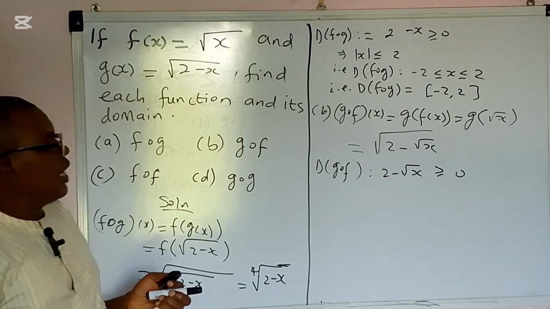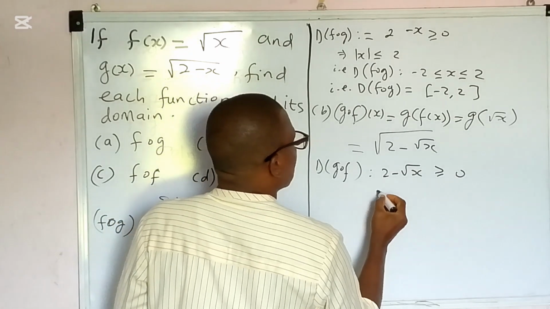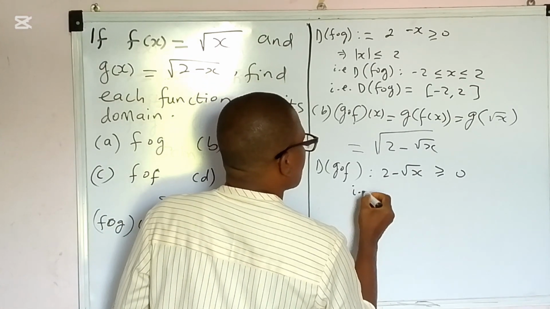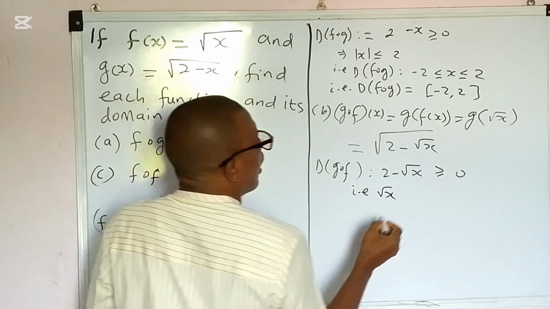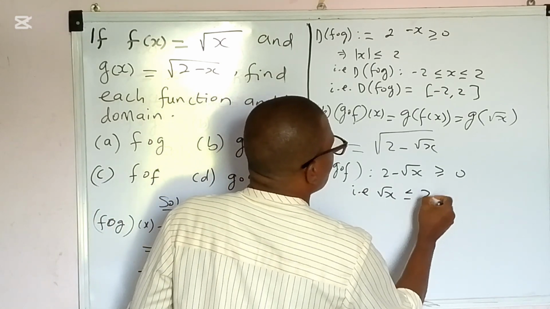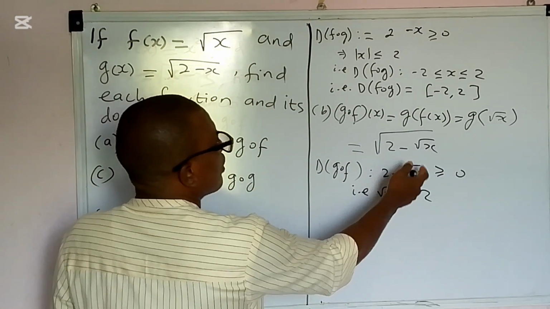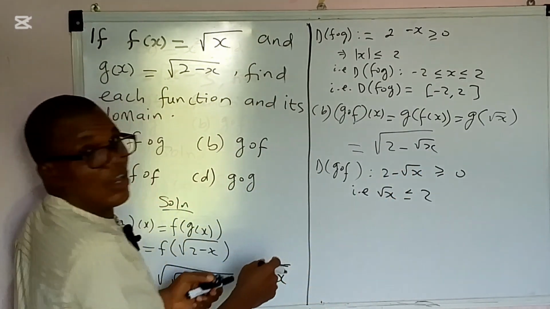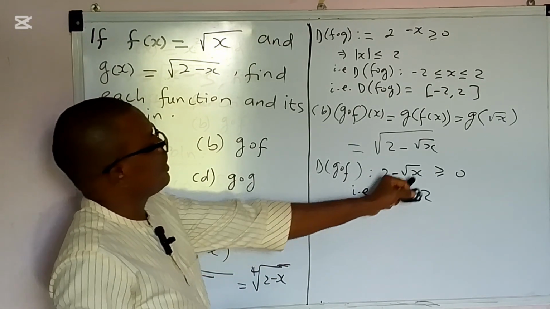And this will happen if the square root of x is less than or equal to 2. If you take this to the other side, you have negative. Then to change the negativity on the left-hand side, you multiply both sides by minus 1 and reverse the inequality.